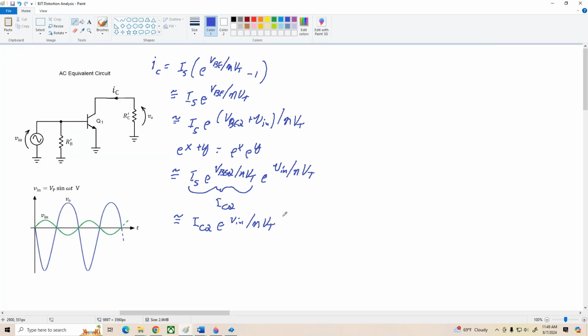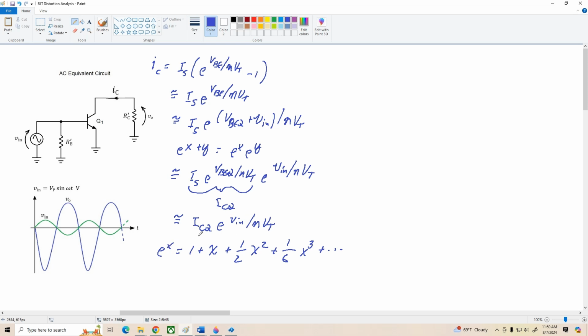Okay, now it looks like we're kind of stuck here, but what we can do next is take the exponential e to the Vin over eta VT and express that as an infinite series using the following identity. We have e to the x equals 1 plus x plus 1/2 x squared plus 1/6 x to the third, and so on. This is a power series expansion for e to the x.